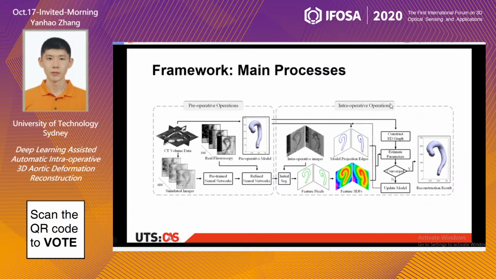For the intraoperative operations, because we have the model and a trained neural network, features can be extracted from the neural network. After extracting features, we build a signed distance function, and we also have a model. We project the model onto each image frame, and we calculate the correspondence. Then the model is one of the inputs for the algorithm to solve the deformation, and the correspondence is another input. After getting the deformation parameters, we can reconstruct the deformation.